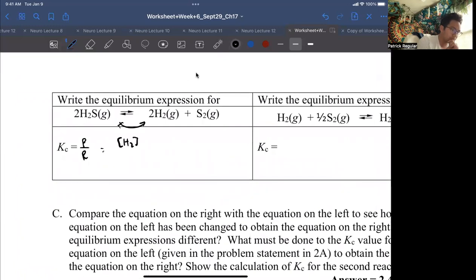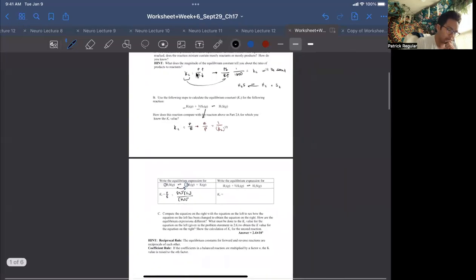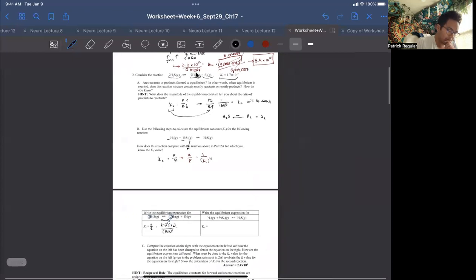H2, S2, and don't forget those coefficients become those exponents too. There you go, again, H2S. That too becomes that exponent. Okay, cool.